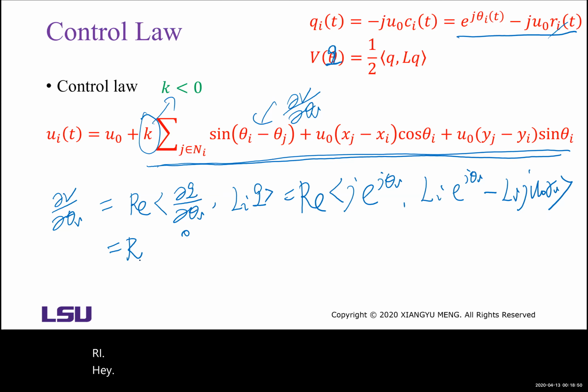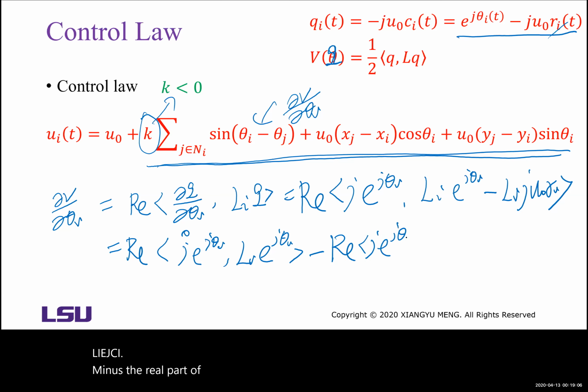So it will be the real part of J e^{J theta I} Li e^{J theta I} minus the real part of J e^{J theta I} Li J U0 Ri.